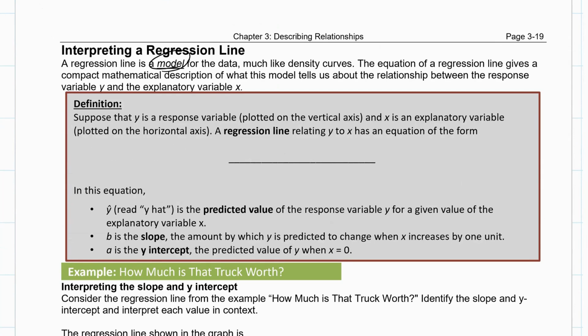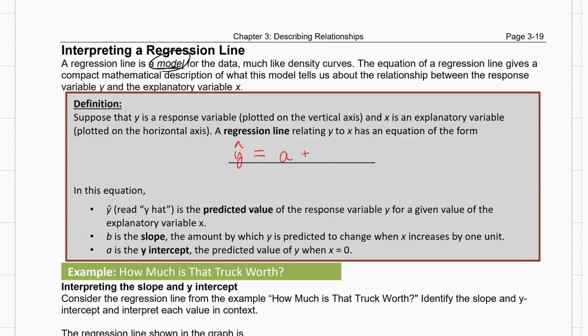The form of the regression line that we're going to use in this class is that it helps us find a predicted y value, and it does so using a linear equation. Now, at this point, you might want to use mx plus b, which is what you learned in Algebra 1. But in statistics class, we use a different form.